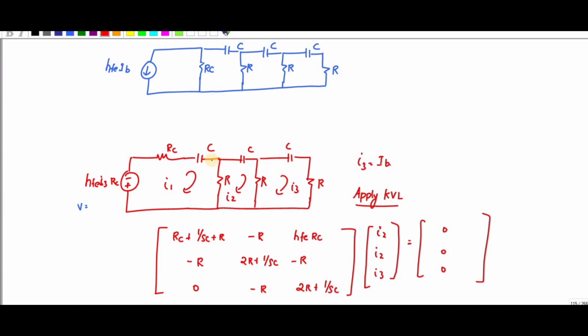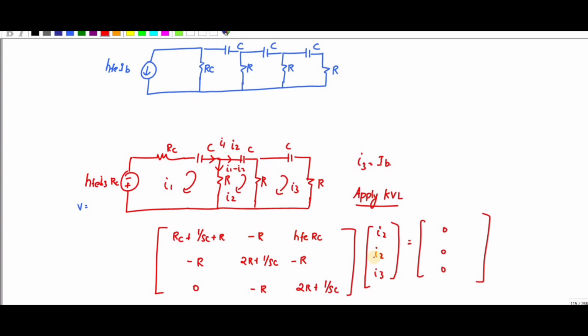If this is I1, this should be I2, right? So this is I1 minus I2. If I add this one, I will get I1. So this is minus R into I2, so minus R into I2.